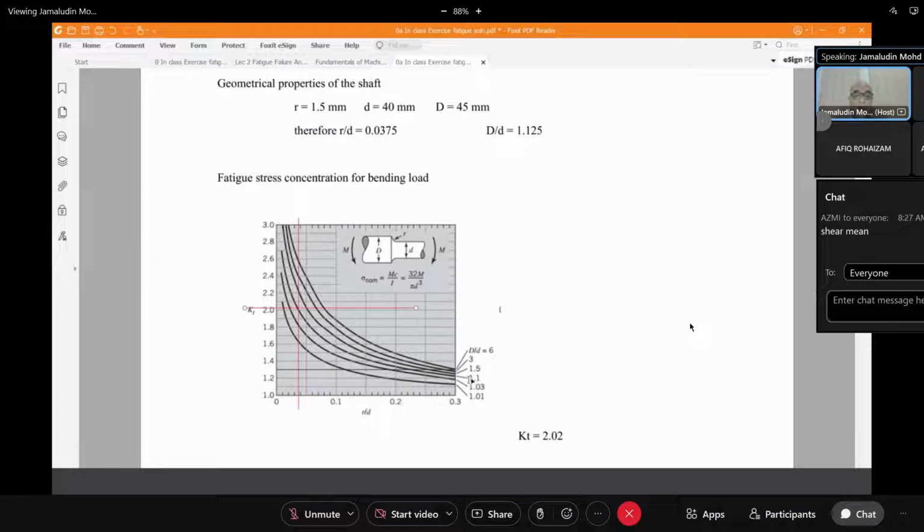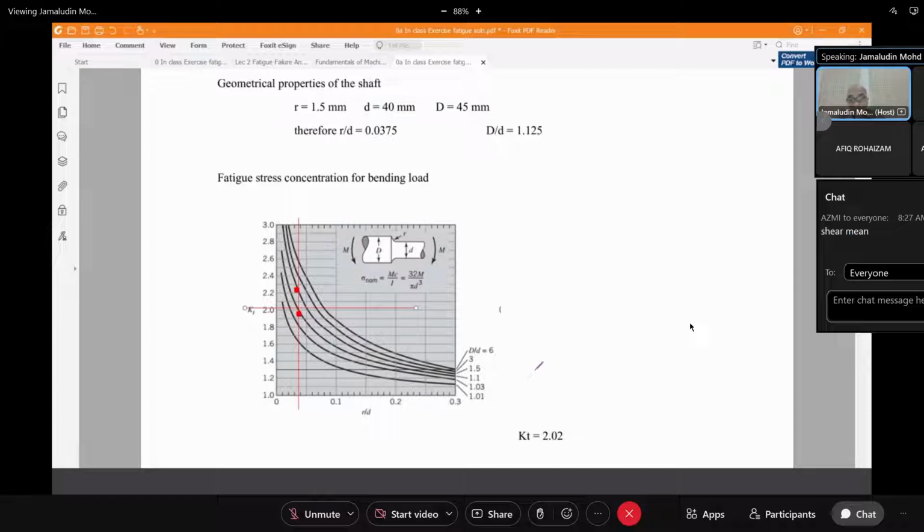It's between 1 and 1.5, which means about 1/3 of the way, between the third and the fourth line. Then we interpolate again, and we get roughly the value of 2.02.